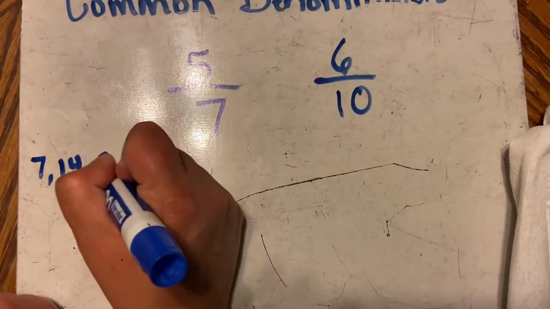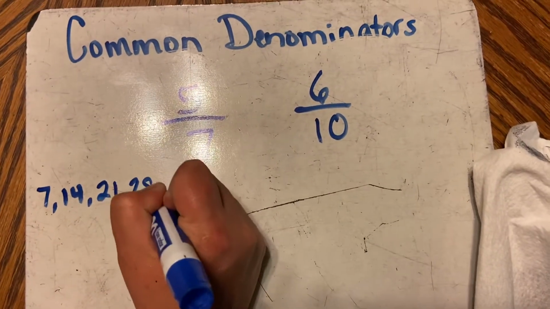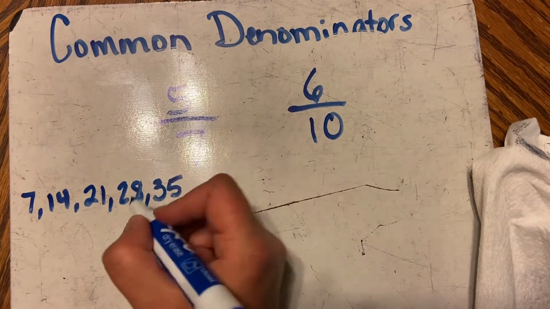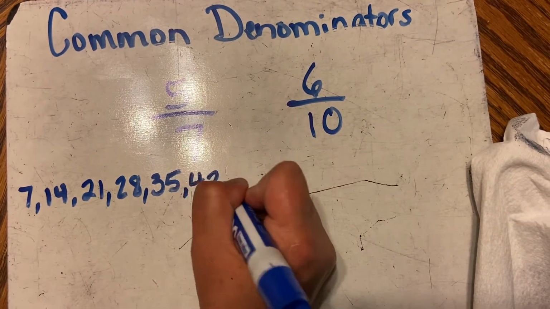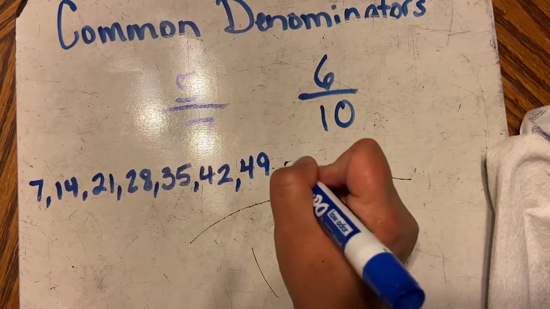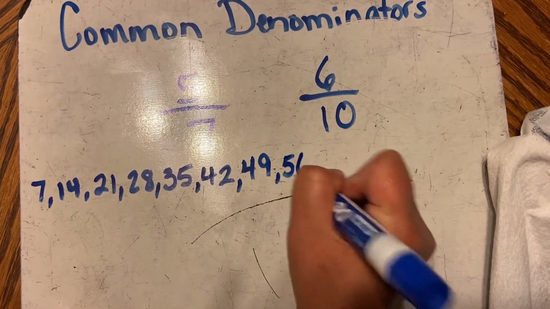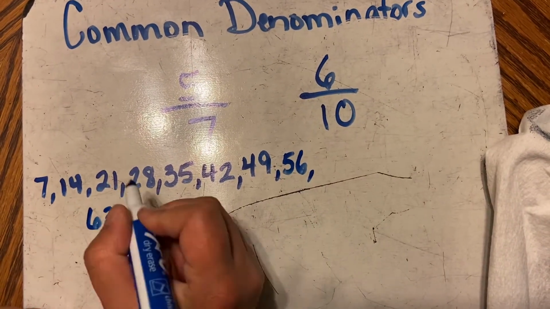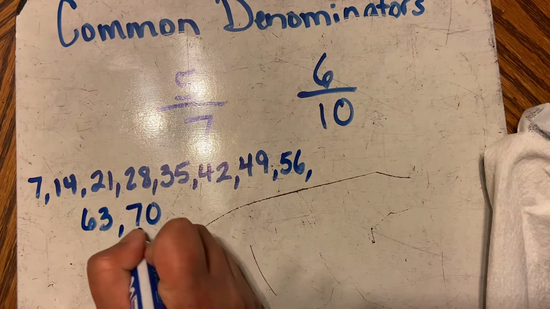7, 14, 21, 28, 35. I'm going to keep going because I don't have anything that ends with a 0 yet. 42, 49. What's next? 56. And then 63 and 70. Oh, look.